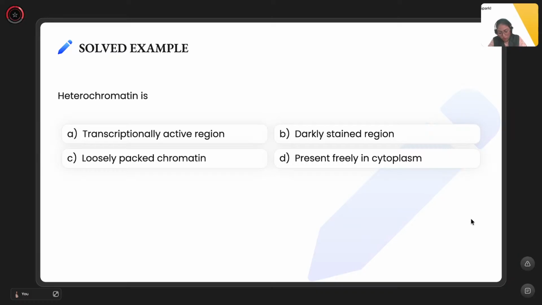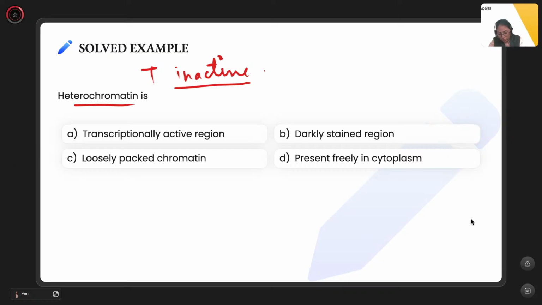Heterochromatin. Okay, so beta, in eukaryotes the chromatin is arranged as euchromatin and heterochromatin. Heterochromatins are transcriptionally inactive regions, and these are darkly stained, densely packed chromatin structures.